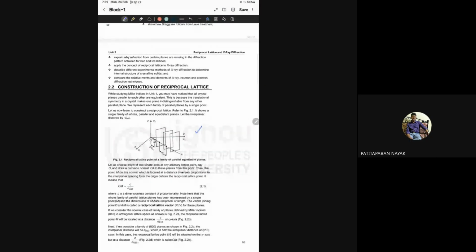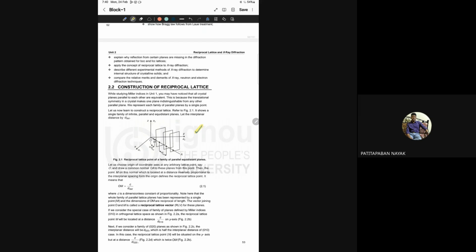It is showing many parallel equidistant planes which are extending up to infinity. Something like, you have one plane, and then another plane, then another plane, and it is kind of going on. So infinite number of planes are being shown over here.